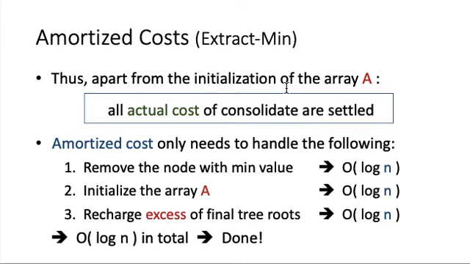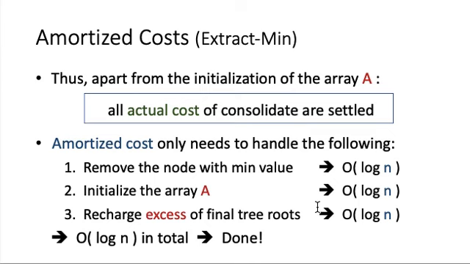And after that, we have the consolidation. We don't need to pay. But in the end, since the excess of all the root nodes is already used up during this consolidation, in order to resume the excess that we need to store in the tree roots after the operation, we will recharge the excess of the final tree roots.